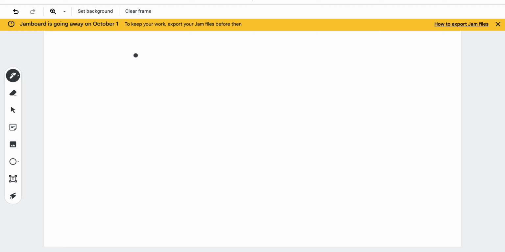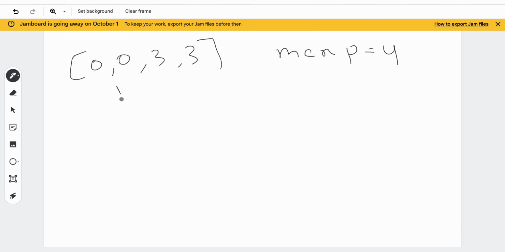Now in this question, 0 0 3 3, the max possible is 4, and our current max is 1, because 1 is not present. Now we have to make this max the max possible, 4.